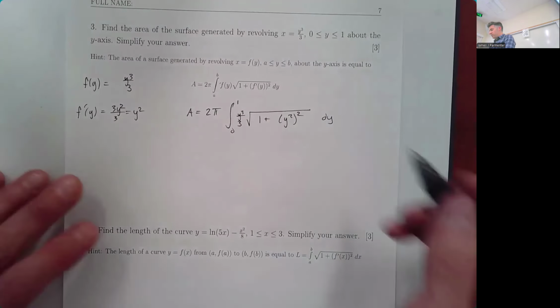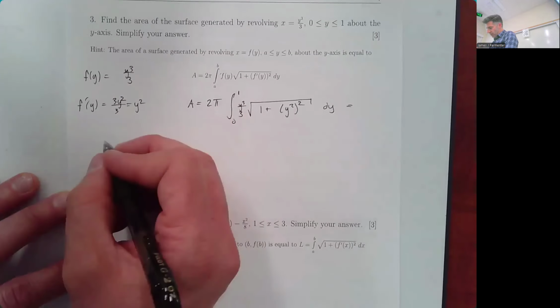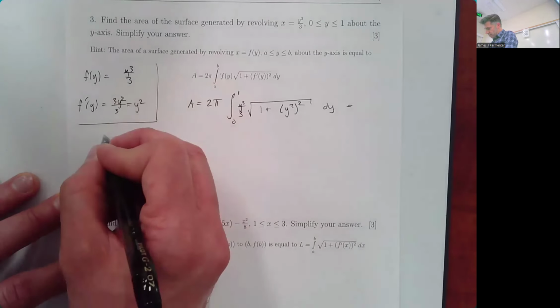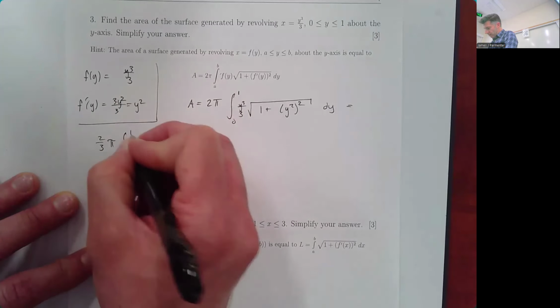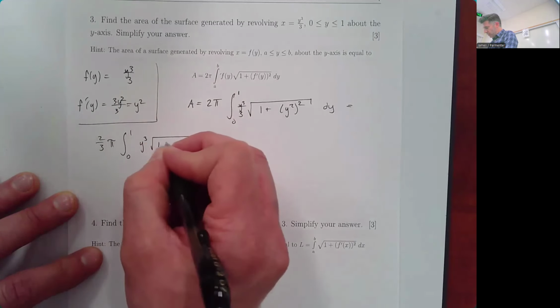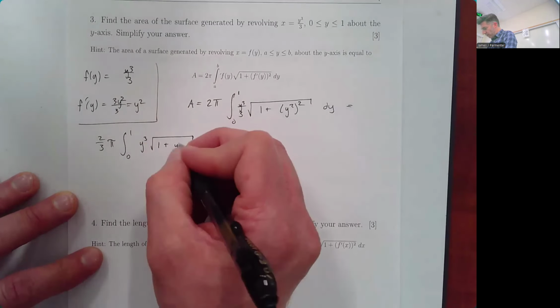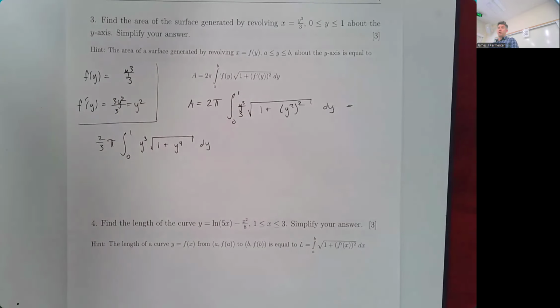And now if we simplify just a tiny bit, I'm going to bring out the 1/3 and write this as 2/3 pi integral from 0 to 1 of y cubed times the square root of 1 plus y squared, which is y to the 4th. That's looking like a real good u substitution, right? It's screaming u substitution.